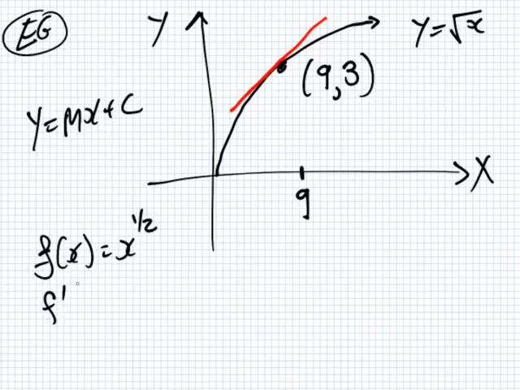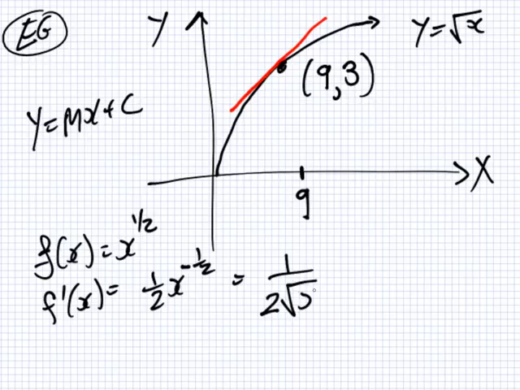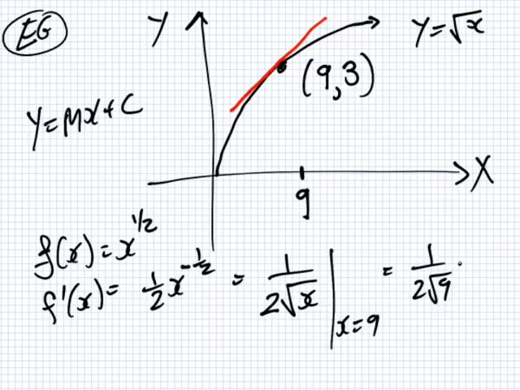So what's the derivative here? A half x to the minus a half, which is 1 over 2 root x. But what's the x? 9. So it's 1 over 2 root 9, which is 1 over 6. So 1 over 6.